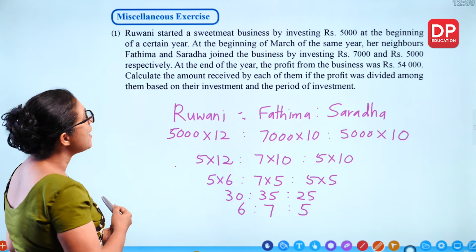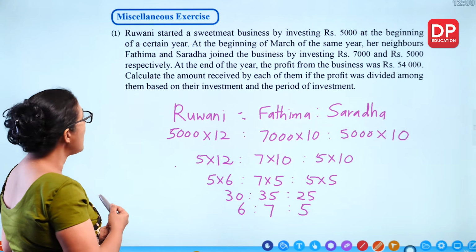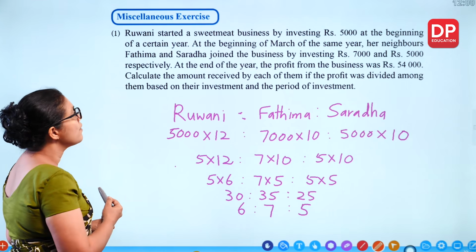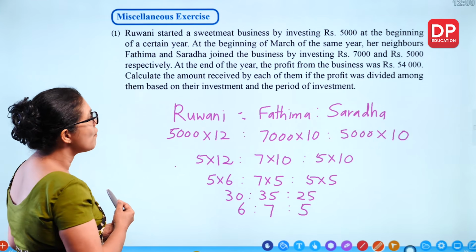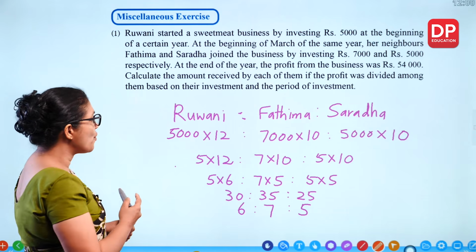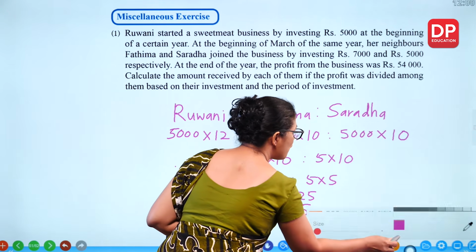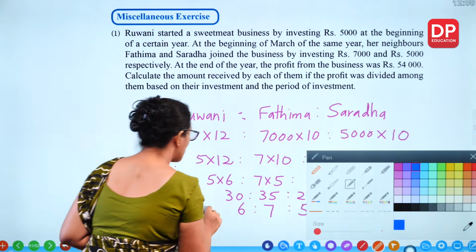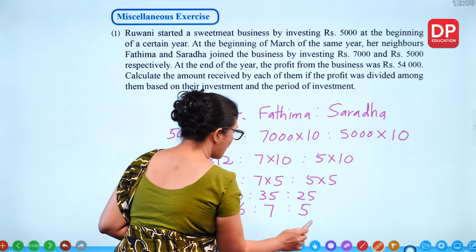You are asked to calculate the amount received by each of them if the profit was divided among them based on their investment and the period of investment. So what's the total profit? 54,000 rupees. So we'll divide 54,000 rupees in the ratio 6 to 7 to 5.